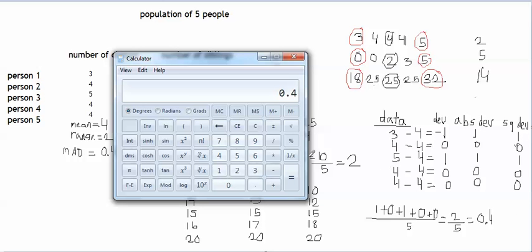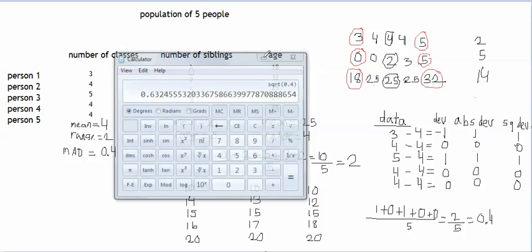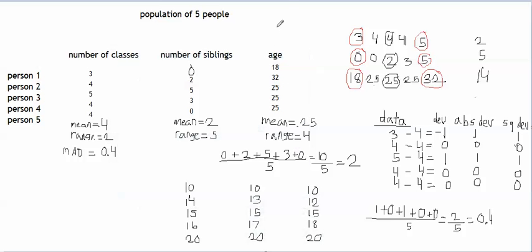What would happen if we took the square root of the average of the squared deviations? What would we get? We get 0.63. So you find the average of the squared deviations.